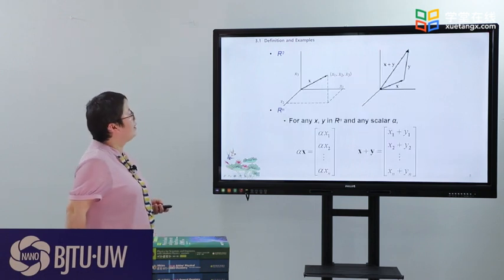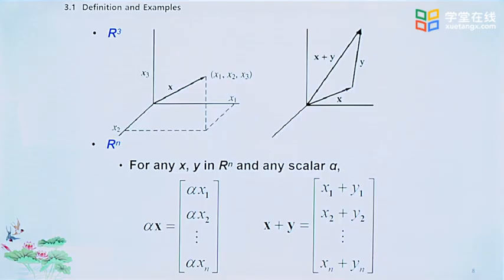Okay. And now we can see vectors in three-dimensional real vector space. Given any vector in R3, you will have coordinates x1, x2, x3. Similarly, x1 is the projection of x first onto the x1, x2 plane, and then the projection again on the x1 axis. So this is x1.